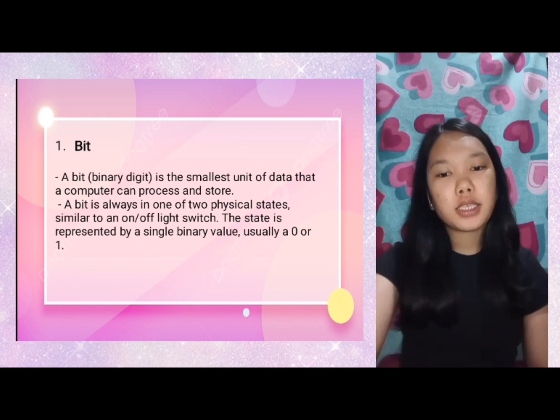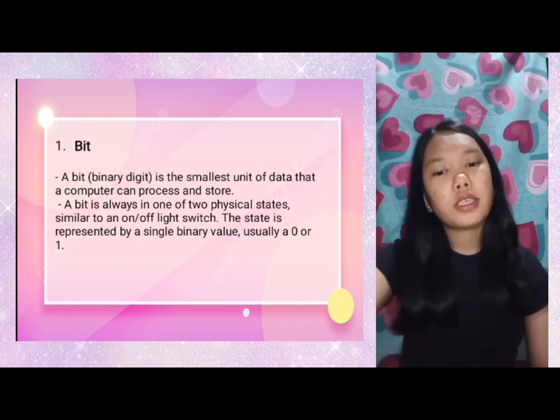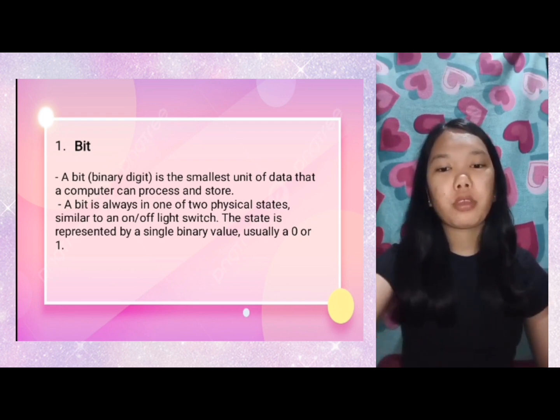The state is represented by a single binary value, usually a 0 or 1. Bits are used to measure data transfer rates, for example, internet speed in megabits per second, and etc. So that is bits.